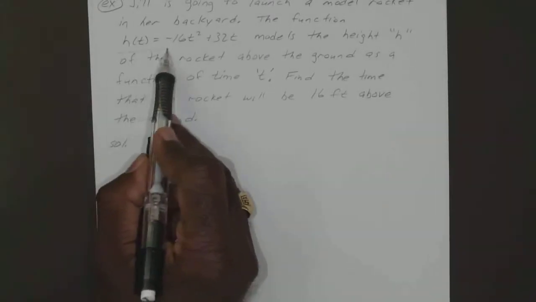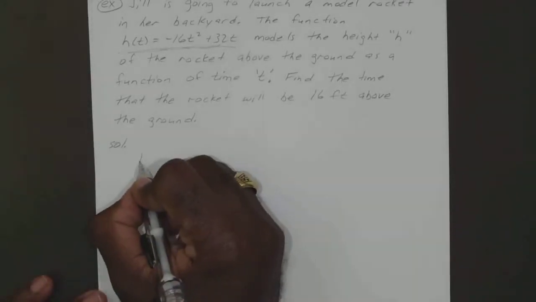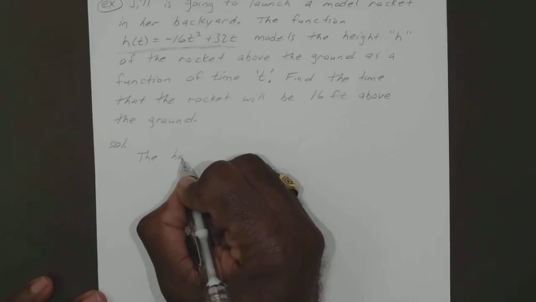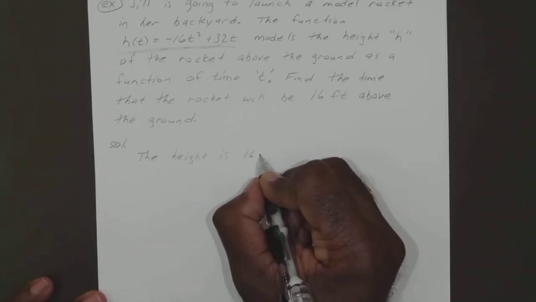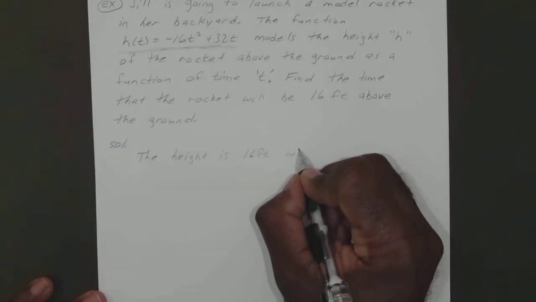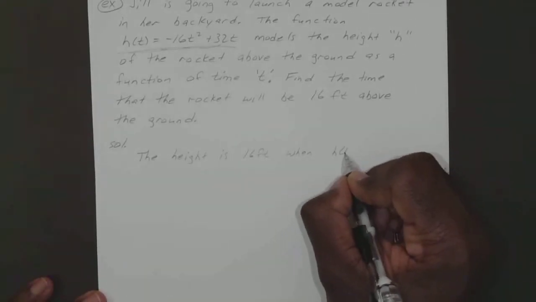Okay, so we know that this formula gives us our height. So we know that the height is 16 feet when h of t is equal to 16. That just pretty much gives us our height.